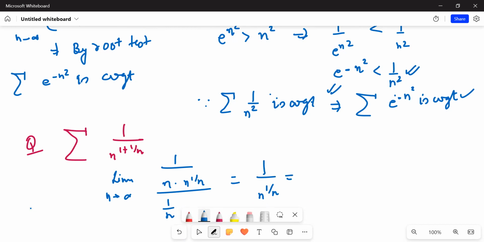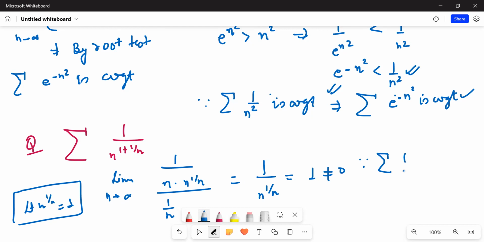And remember, this limit is always equal to 1. I have proven it previously, but if you've forgotten, this limit comes out to be 1, certainly non-zero. Now, since summation 1 upon n is divergent, it implies that summation 1 upon n raised to power 1 plus 1 upon n is divergent.